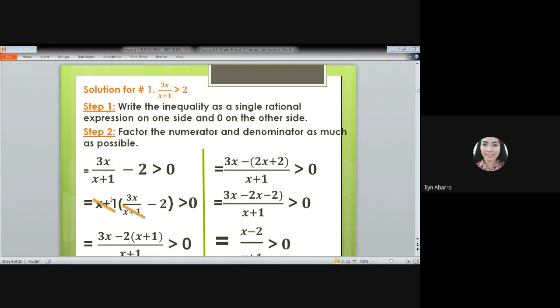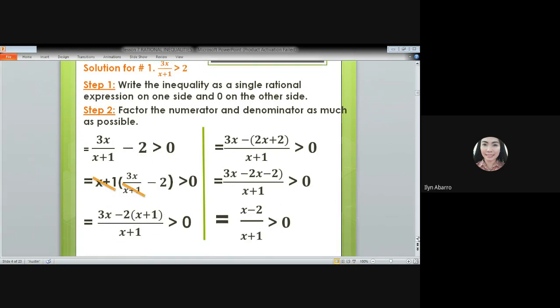And then multiply these two expressions by x plus 1. If you multiply 3x over x plus 1 by x plus 1, we cancel out x plus 1, and what is left is 3x. Then multiply it to negative 2 times x plus 1 is negative 2 times x plus 1.